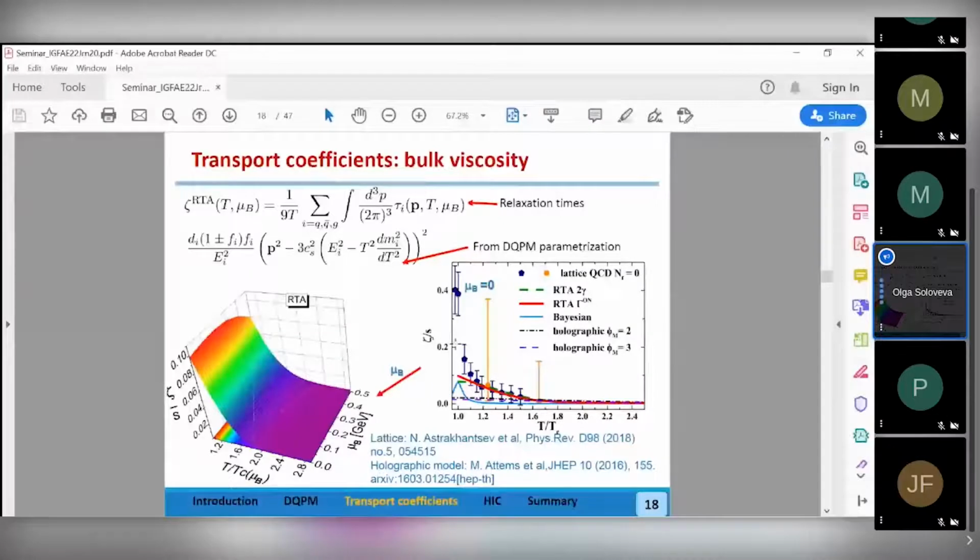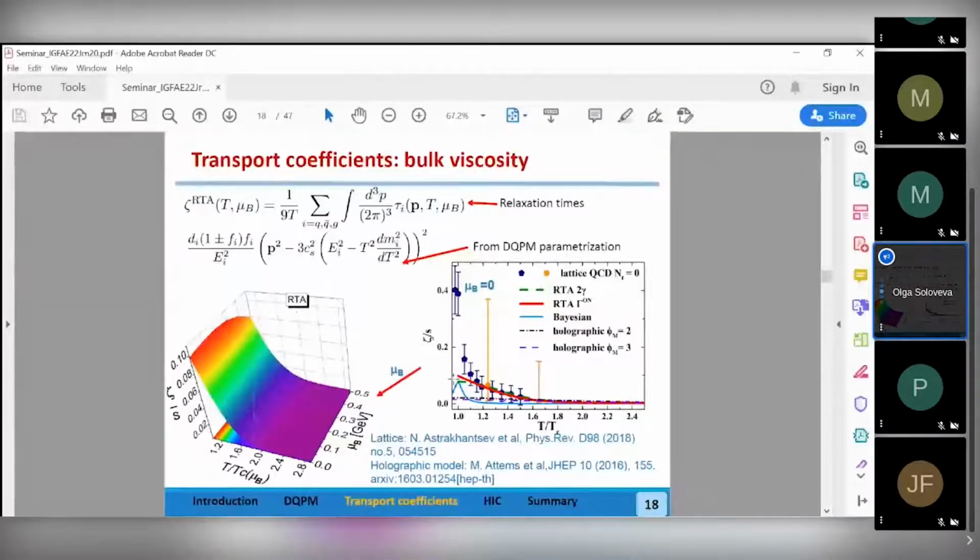As you can see, near the phase transition, bulk viscosity over entropy density is not zero. It is decreasing with temperature, and it's very small already around 2 Tc. But in the vicinity of the phase transition, it is not small.